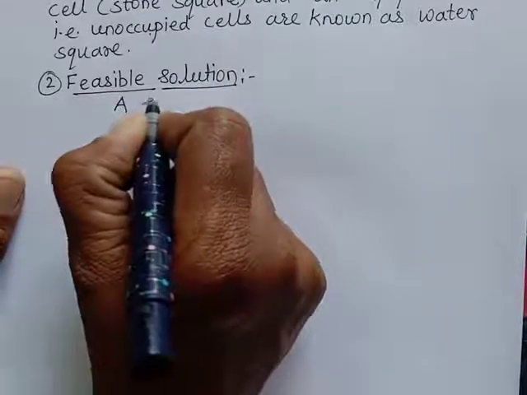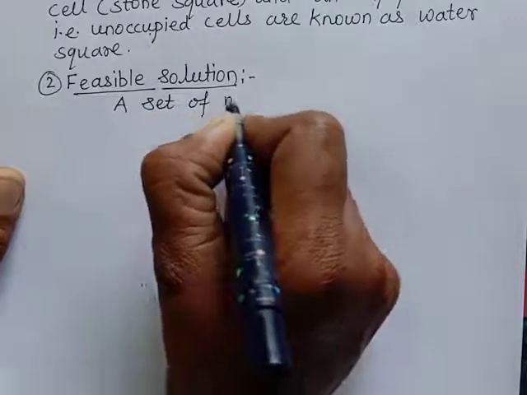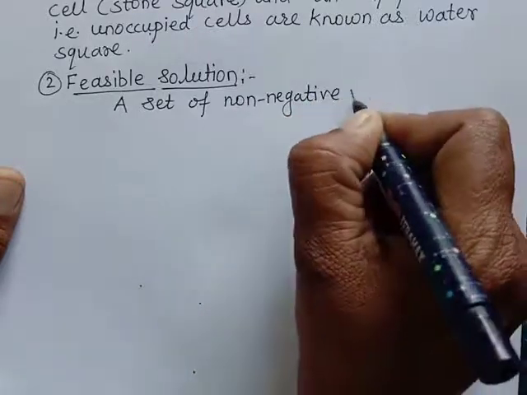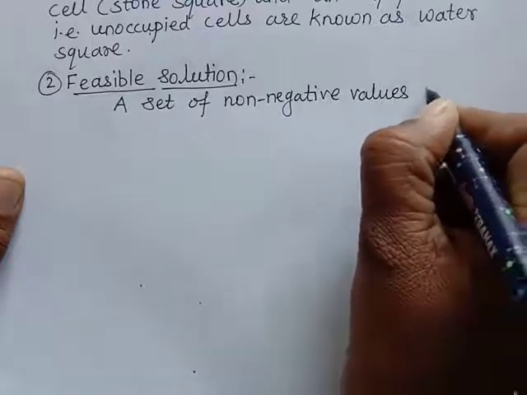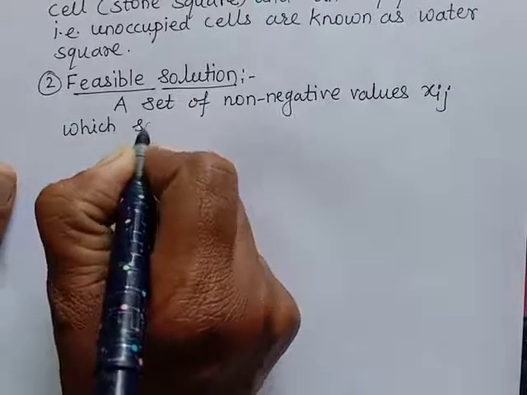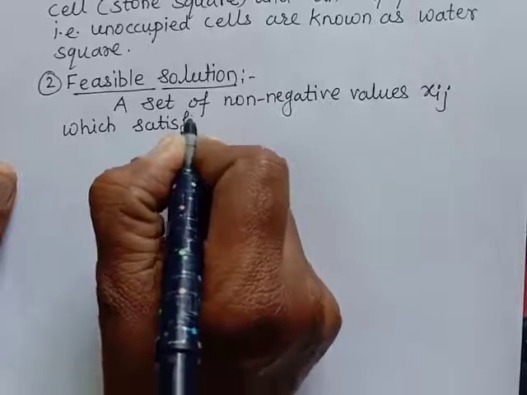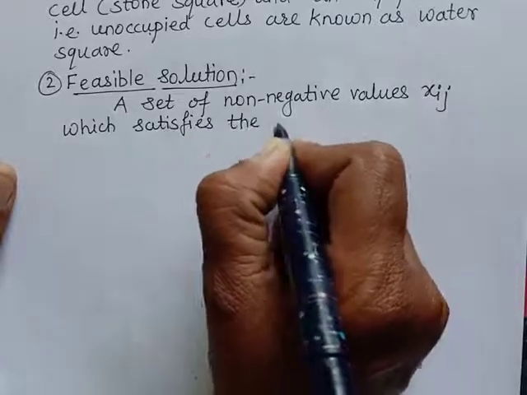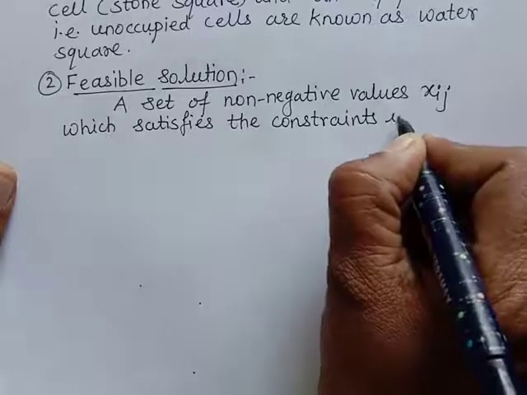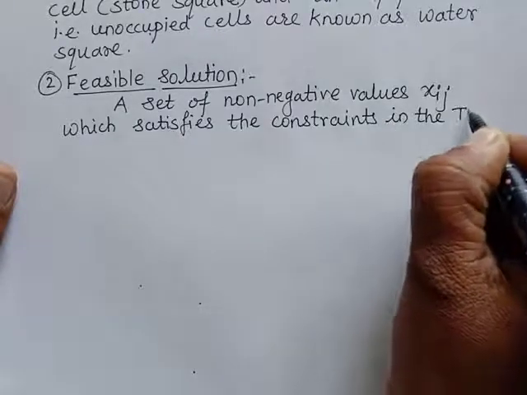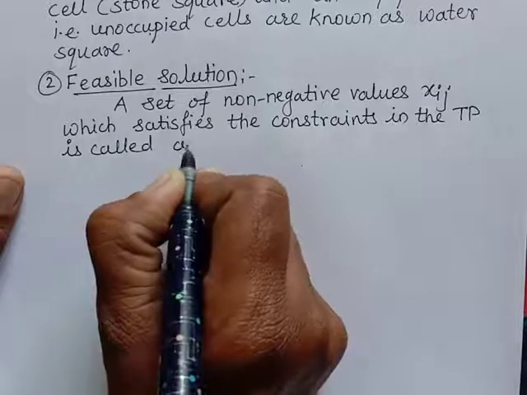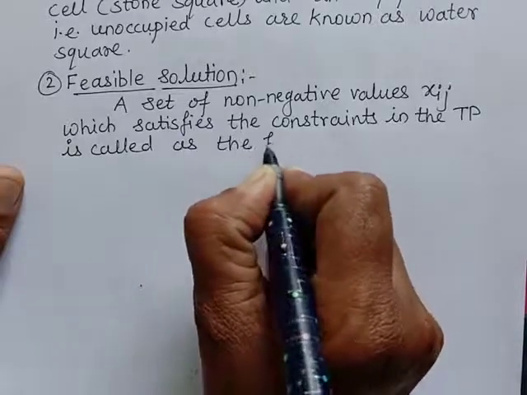A set of non-negative values xij which satisfies the constraints in the transportation problem is called the feasible solution.